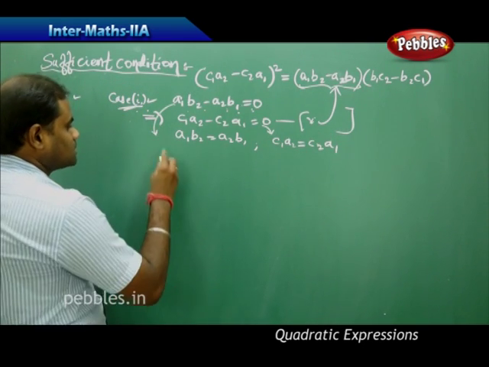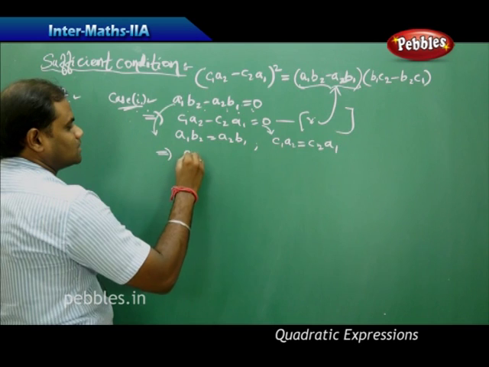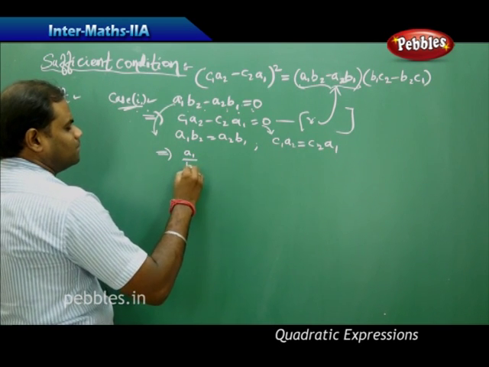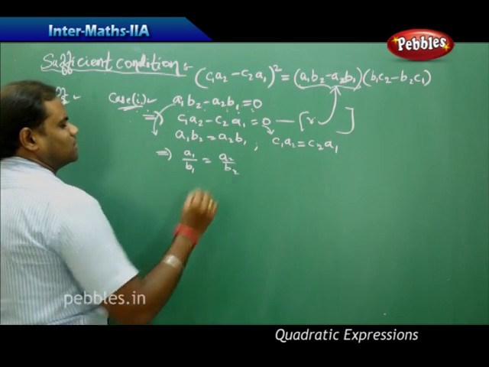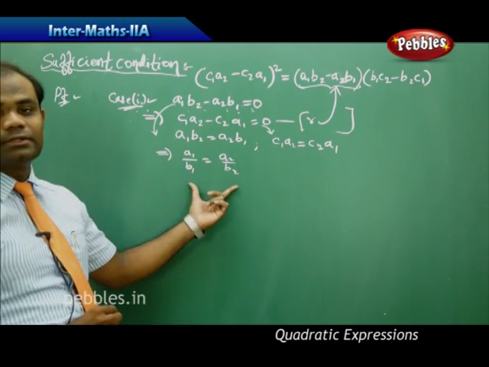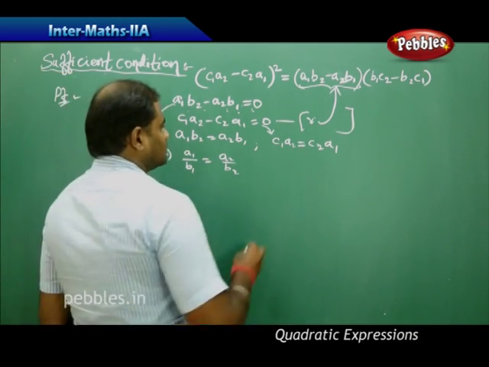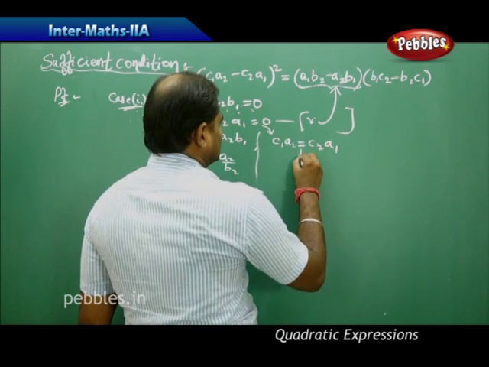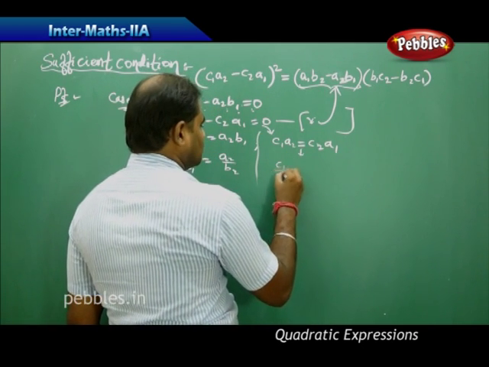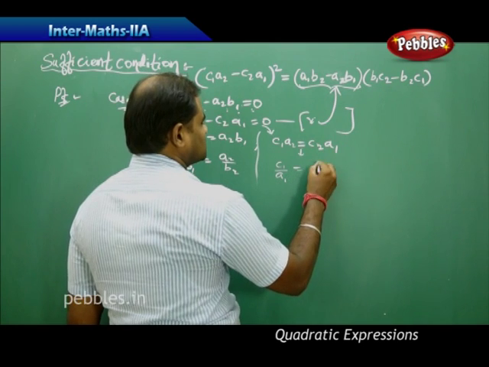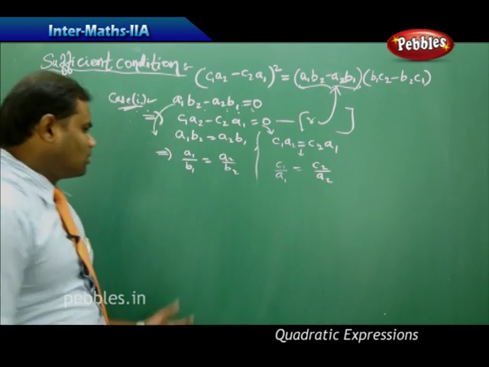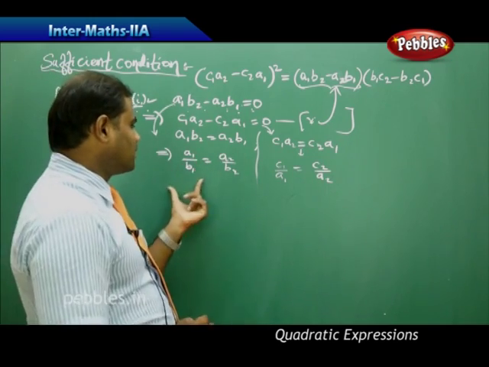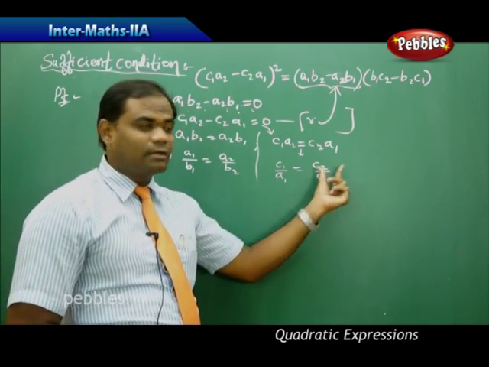Now proceeding similarly further, I get A1 by B1 equals A2 by B2, as I rearrange these terms. Now from this, I arrange it in the form C1 by A1 equals C2 by A2. So I have got totally two relations: A1 by B1 is A2 by B2 and C1 by A1 is C2 by A2.